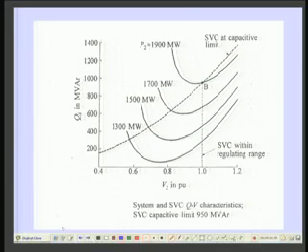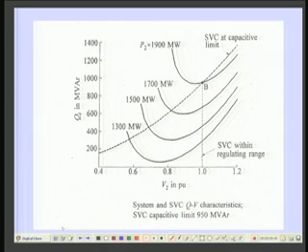The next point we want to illustrate through the same example is the effectiveness of SVC vis-a-vis the effectiveness of a fixed capacitor. In this graph, we have shown the QV curves of the same system at 4 different loading conditions: 1300 megawatt, 1500 megawatt, 1700 megawatt and 1900 megawatt.